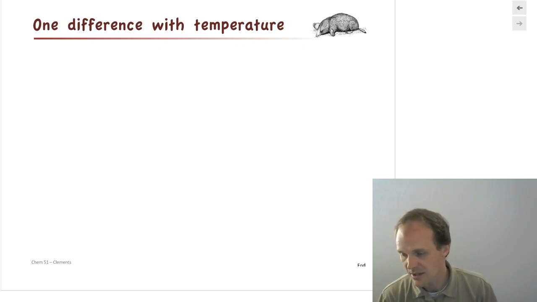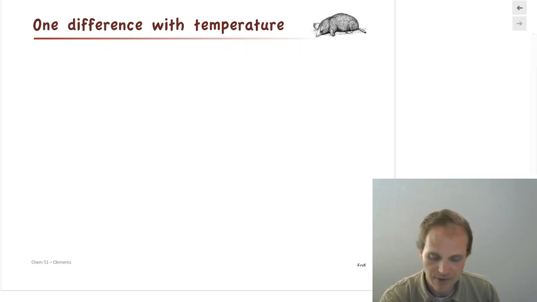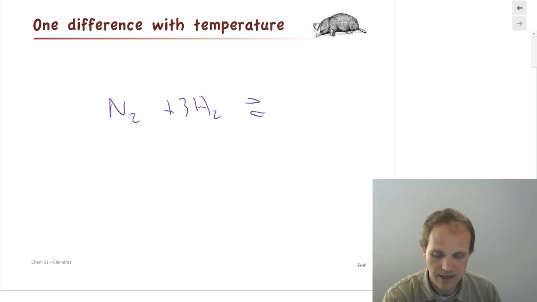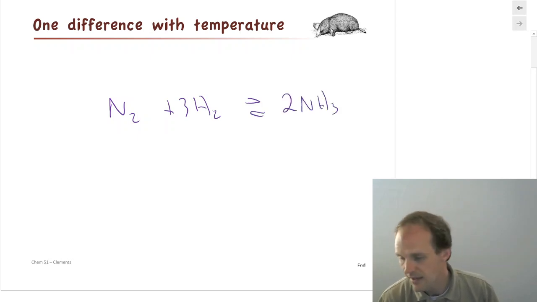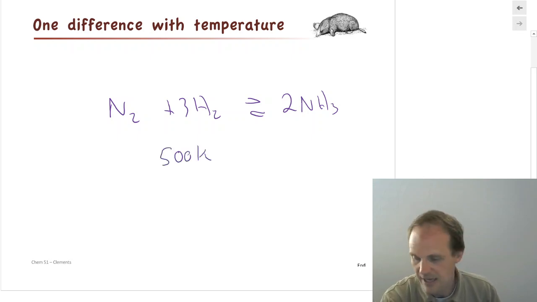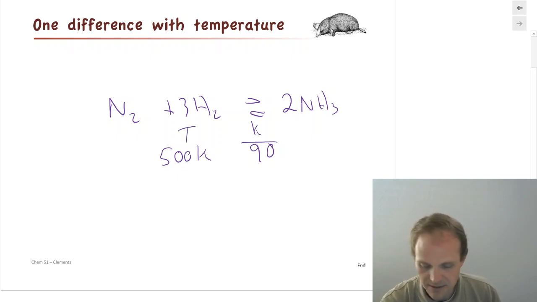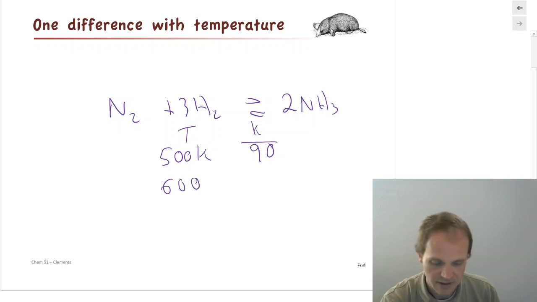And we're not going to go into the details of that, but for that reaction of nitrogen and hydrogen to make ammonia, at 500 Kelvin it has a K value of 90, but at 600 Kelvin, it's only 3.